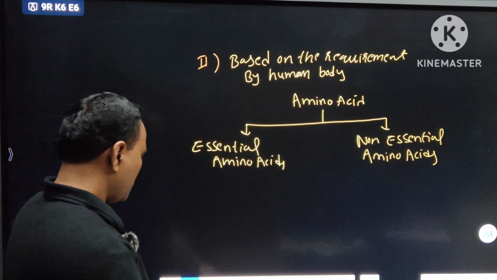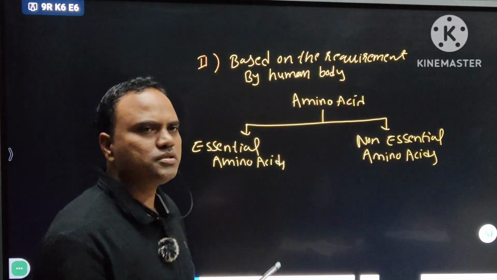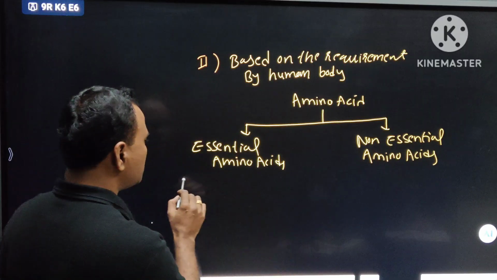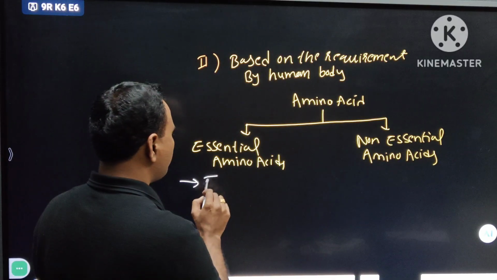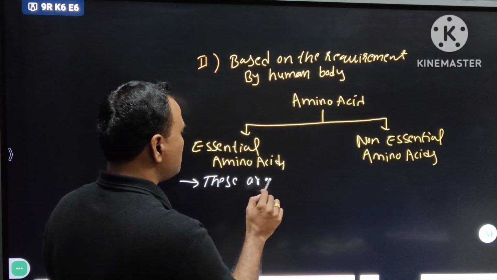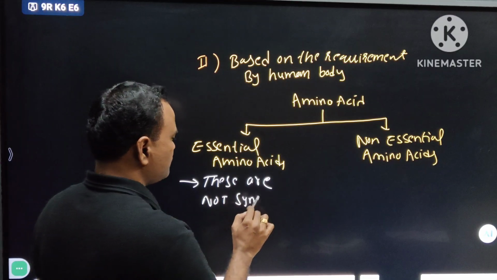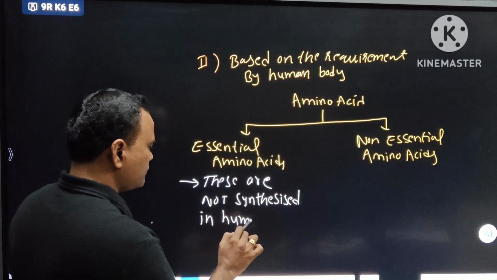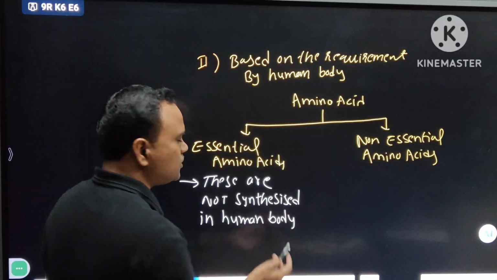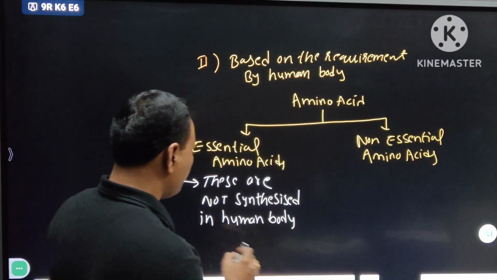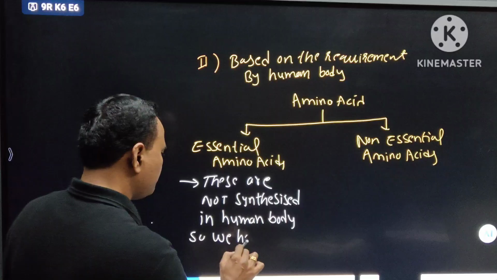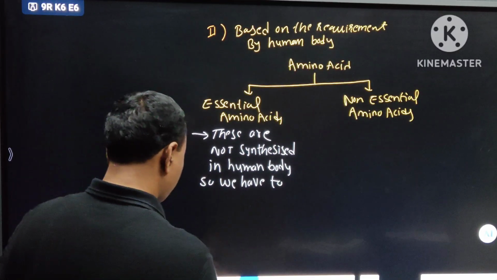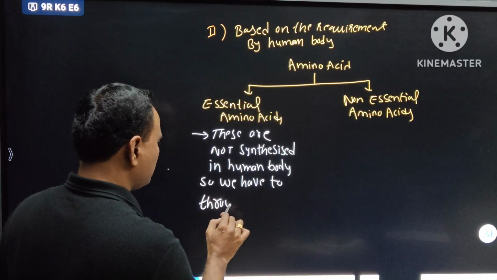Essential means the amino acids are not synthesized in the human body. So we have to take them through diet. Essential, needed for the human body, so we have to take them through diet.